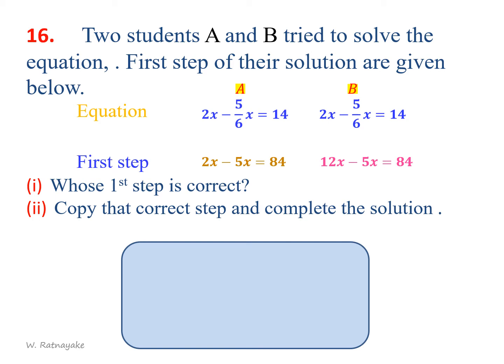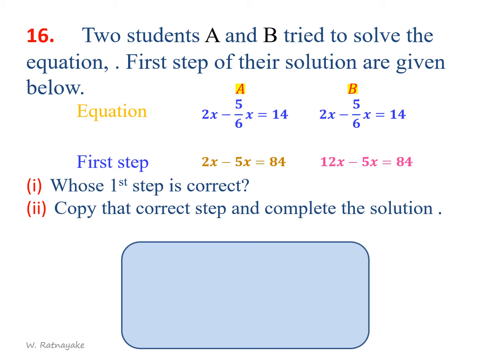Therefore, the correct step has been taken only by B, that is 12x minus 5x equals 84. So the first step of B is correct.